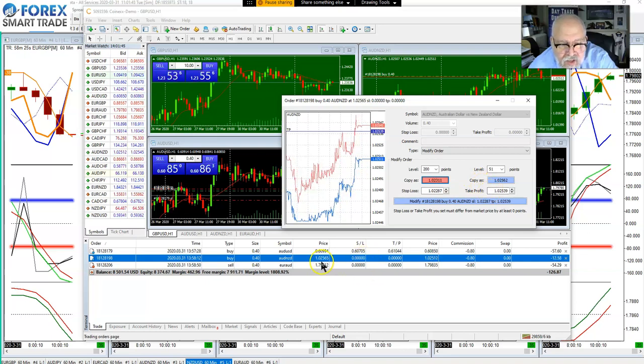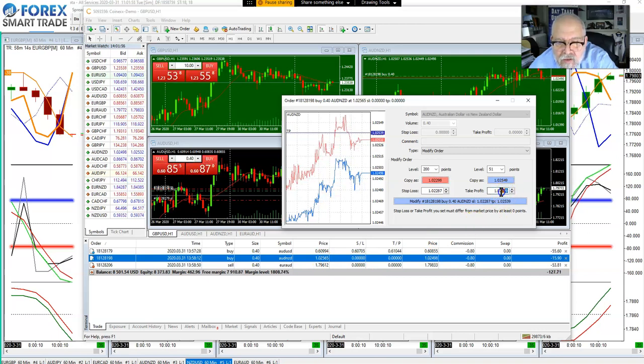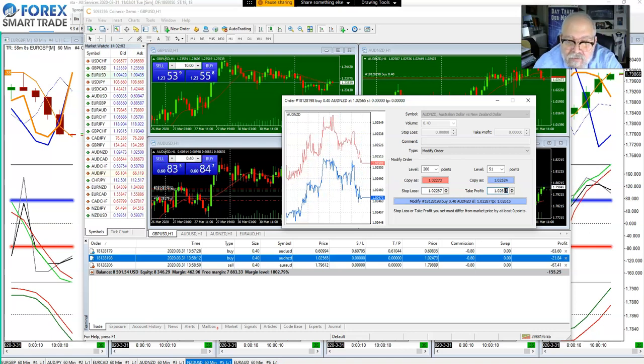I'm going to check the addition. Here I was at 102.56. It's a buy, so I'm going to add 5 to the 56, so I'm going to go to 61. So 101.02, 61.5.